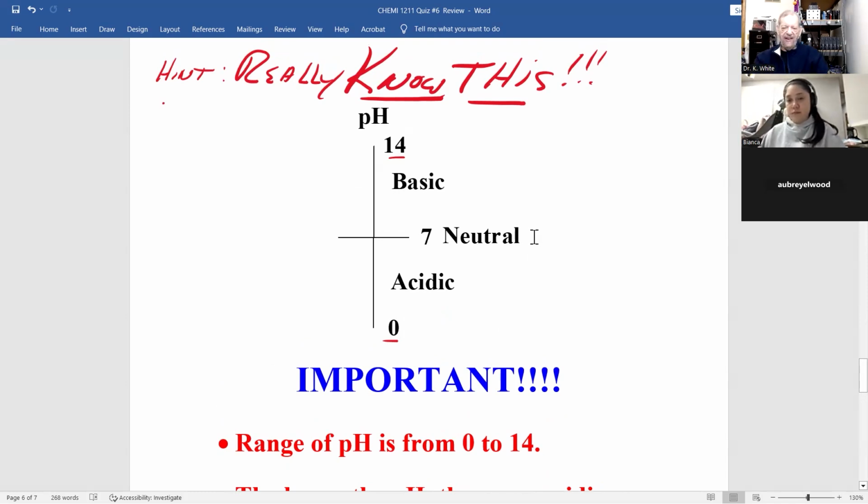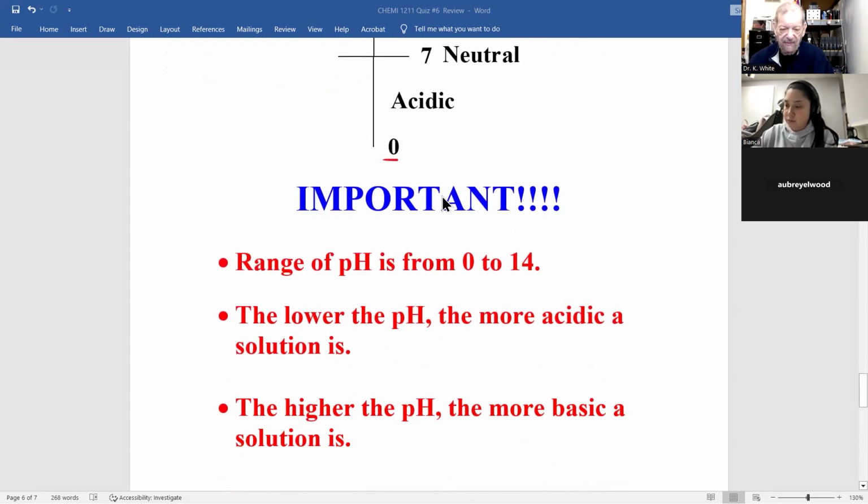Now, if you have a neutral solution, you add a base, the pH will become higher because the solution will be basic. Again, if you add a base to neutral solution, the pH will increase because the solution is now basic. You added a base.